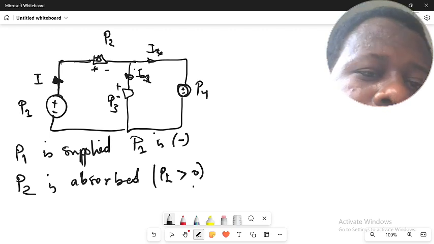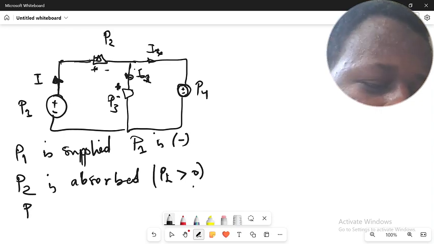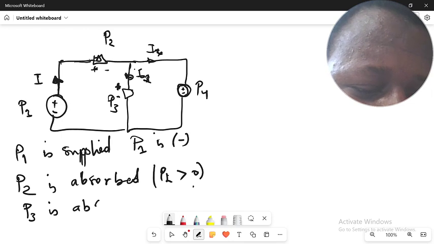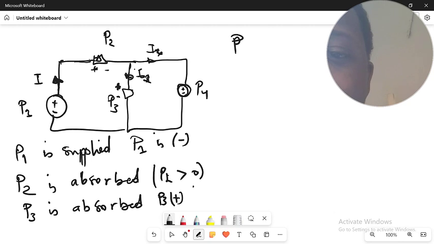Now we see P3, this current is entering the positive terminal here, so P3 is also absorbing. P3 is positive. Now P4, if I see this current is going to enter the positive terminal, so P4 is absorbing.